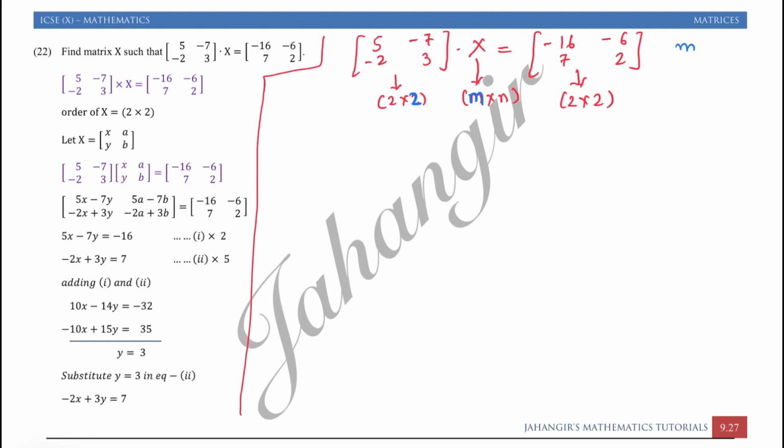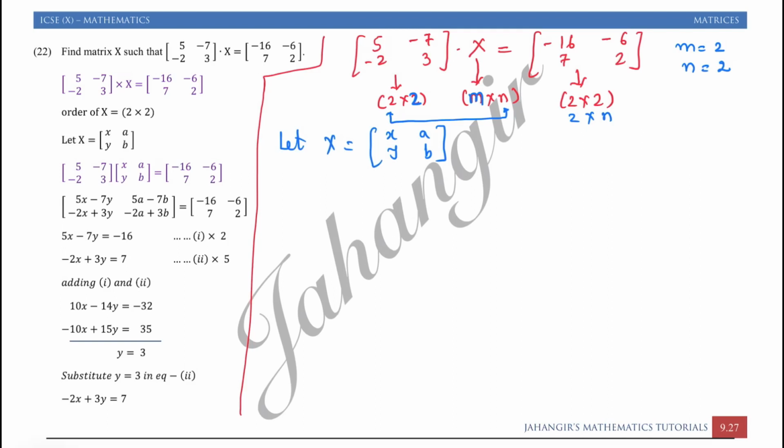So therefore m is 2. m should be 2. Then only multiplication is possible. Otherwise it's not possible. Now we know order of the product is the one which I had marked. That is 2 by n. So here again n is 2. So therefore let me assume X as [x a; y b].